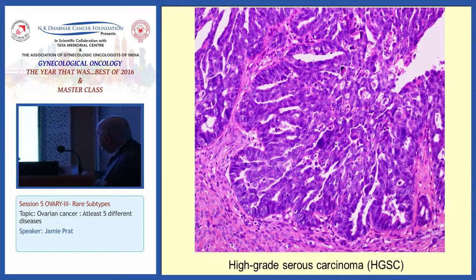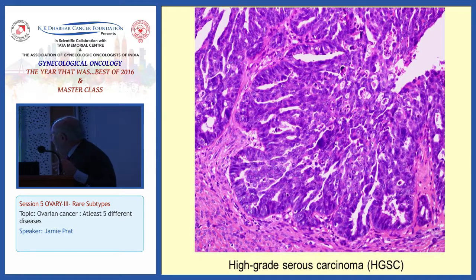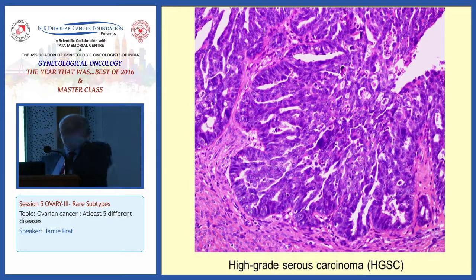Now, this is the histopathology of high-grade serous tumors, which are very atypical, with a lot of mitosis, necrosis, and fracture of the epithelial column of cells. Occasionally, in young BRCA patients, the morphology is not this.